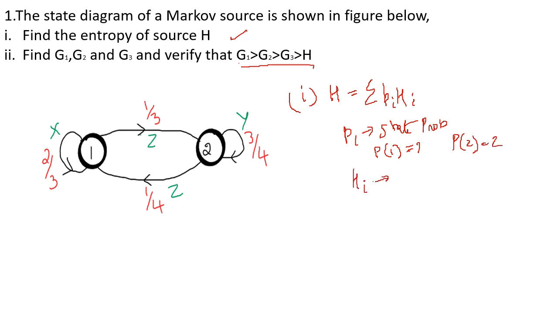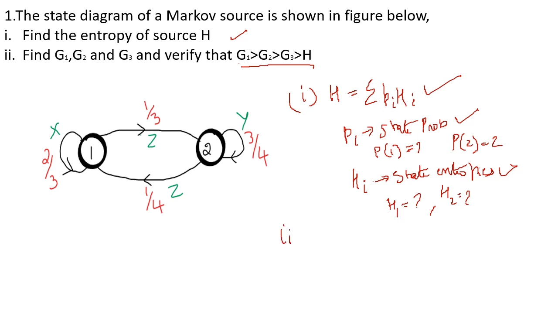Hi's are the state entropies. We have two states, so H1 and H2 are the state entropies. Once we find the state probabilities and state entropies, we can find the source entropy H.